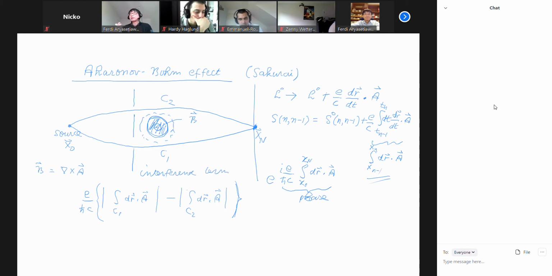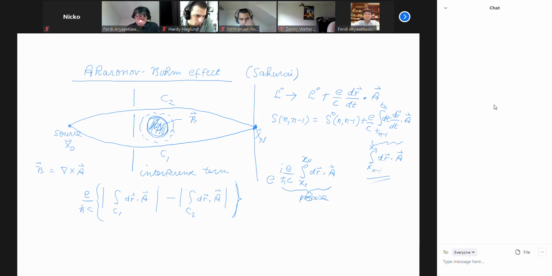So we remember that in the path integral formulation, we add the contribution from each path. Here I'm looking at C1 and C2. So we have the contribution from C1 and C2, and then we take the modulus square to get the probability, and that will give me this interference term.